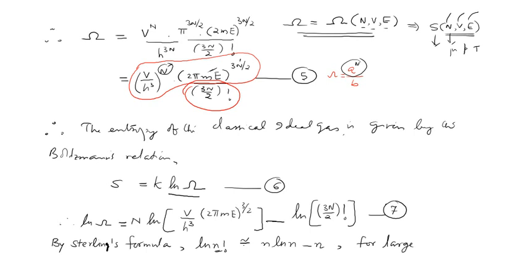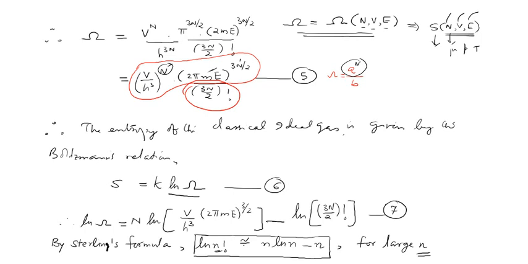So this particular formula is an approximation, of course, but this approximation will not take away any considerable accuracy. Log n factorial can be taken as n log n minus n. So this is a valid approximation for very large values of n.